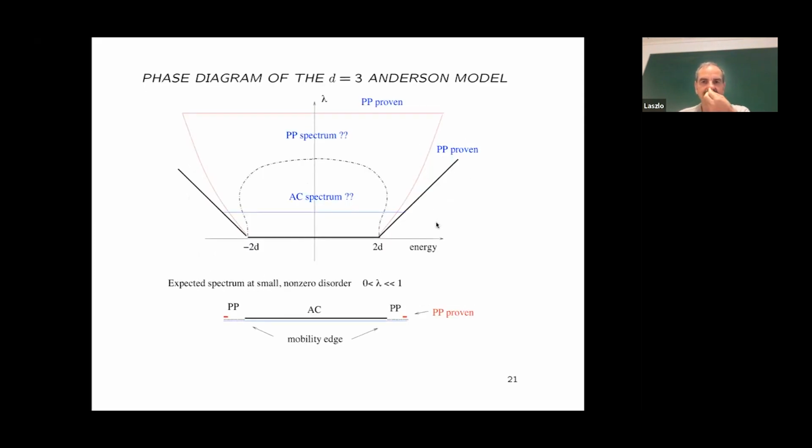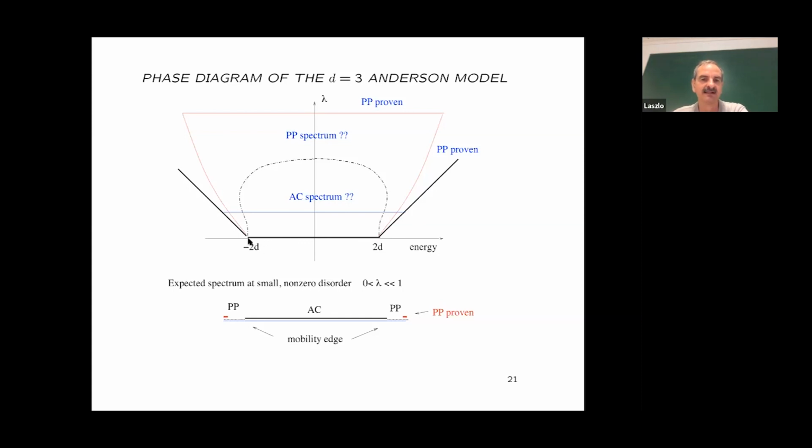Now here is the phase diagram for the Anderson model. I guess everybody has seen it, so maybe let me not spend much time on it. This is just the diagram which shows what is proven and what is open. On the vertical axis you see the coupling constant, where lambda equals 0 corresponds to the free Laplacian, and the horizontal axis is the energy.